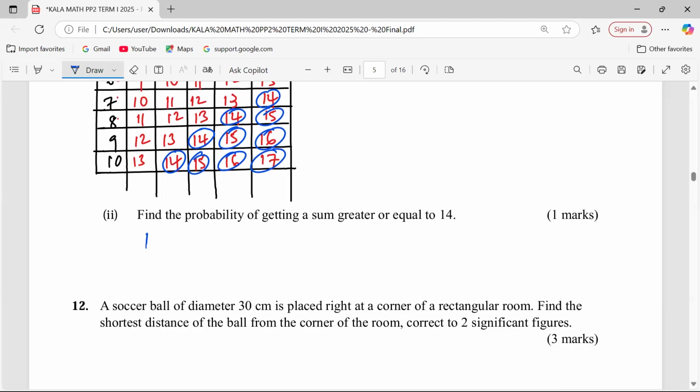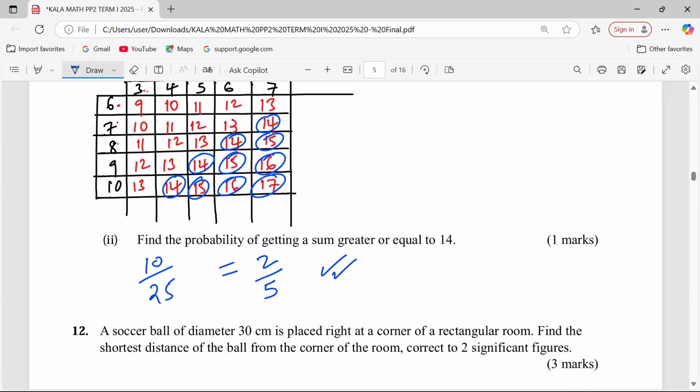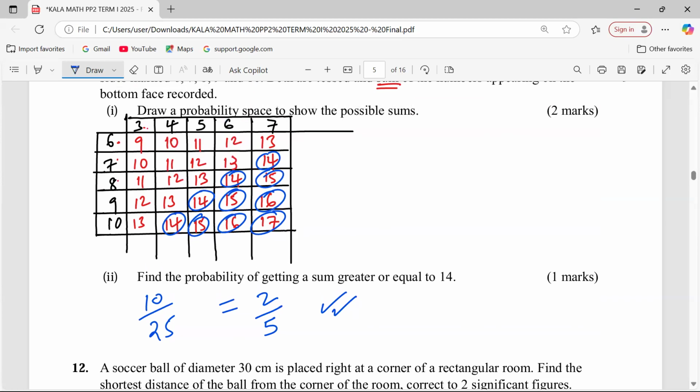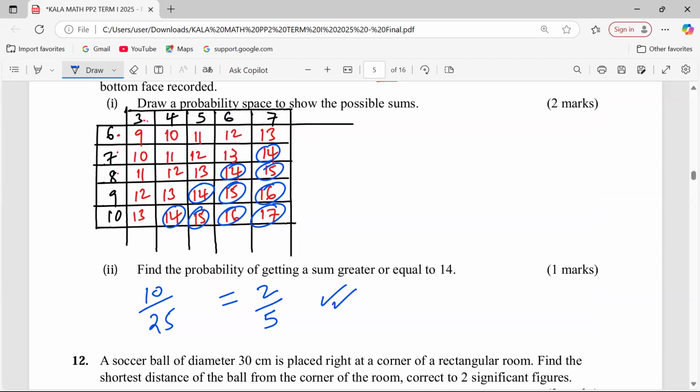So that is 10 out of 25 possible outcomes. When we simplify this, dividing by 5, we have 2 over 5. So that is the probability of the sum being either 14 or greater than 14. 10 possibilities out of a total of 25 possibilities. 2 over 5 is the answer. That way.